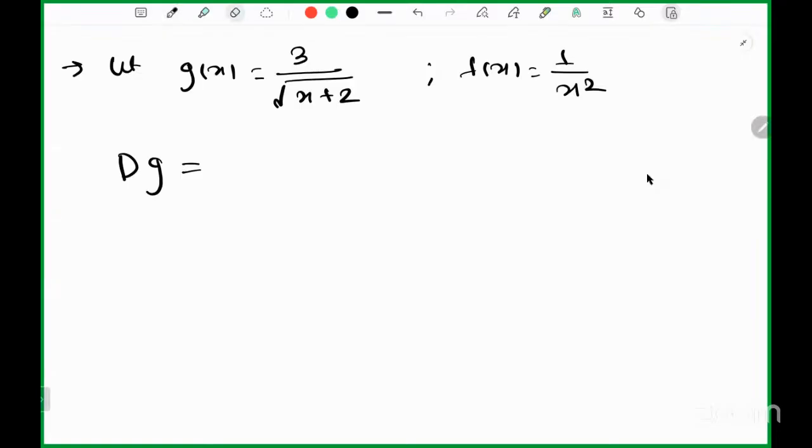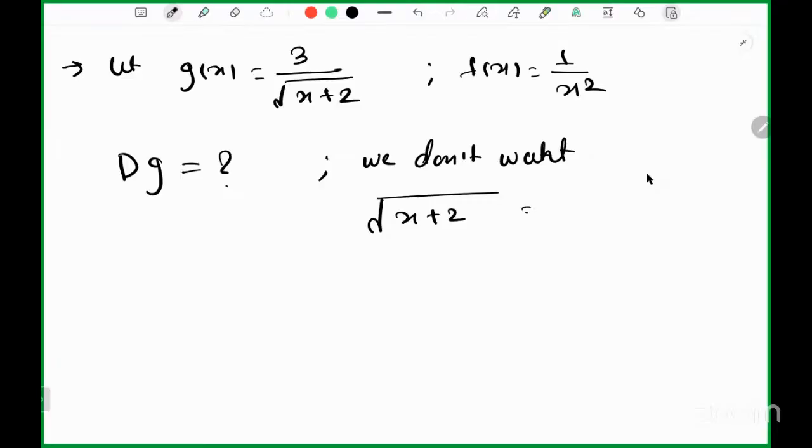So here what is happening? We need to find the domain of g. Domain of g means those values of x where this function is well defined. Now in this function, first of all, it's a rational type of function. So we don't want the denominator to be equal to 0, right? We don't want the square root of x plus 2 equal to 0.